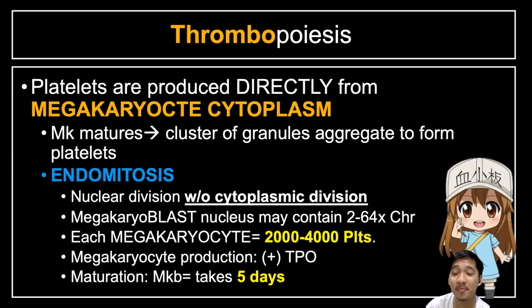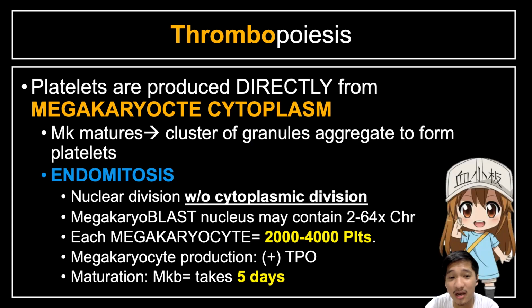Next, we go to thrombopoiesis, or the platelet formation or production. So we know that platelets do not have a nucleus because they are produced directly from the megakaryocyte cytoplasm. Usually the megakaryocyte makes clusters of granules and then aggregates them to form the platelets. We also have this term endomitosis, in which there is nuclear division without cytoplasmic division.